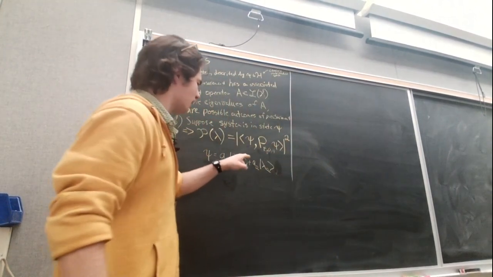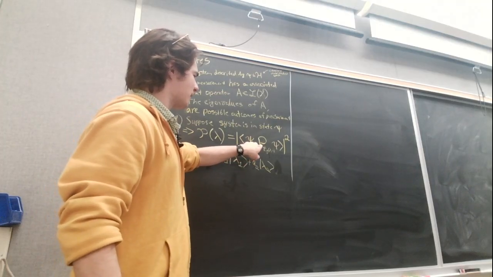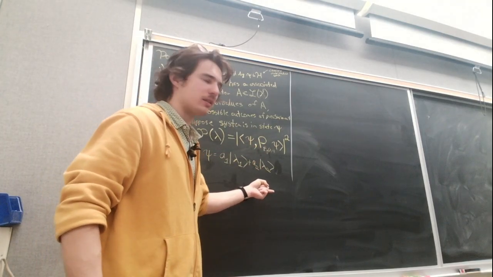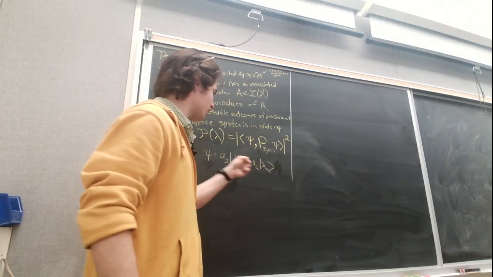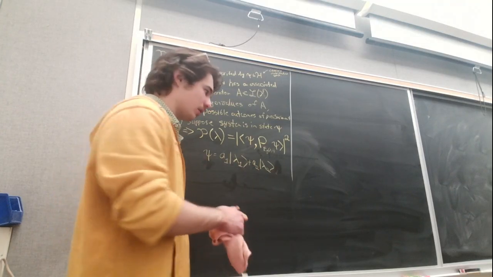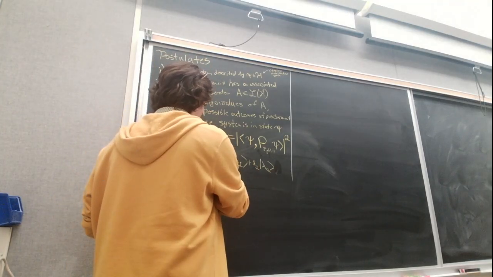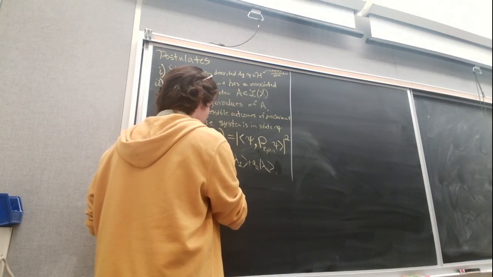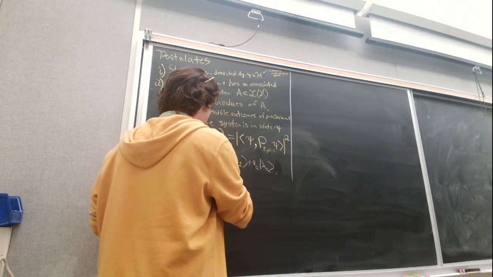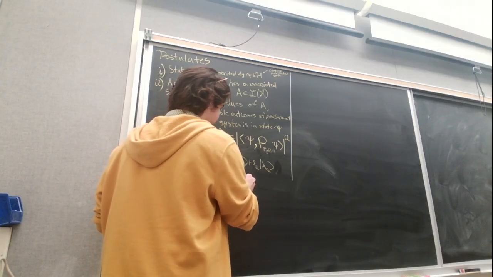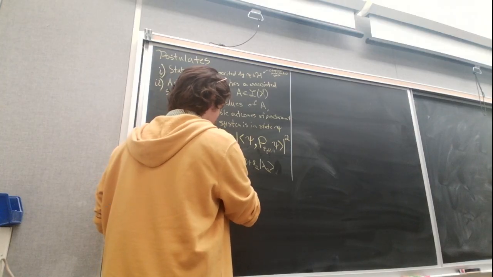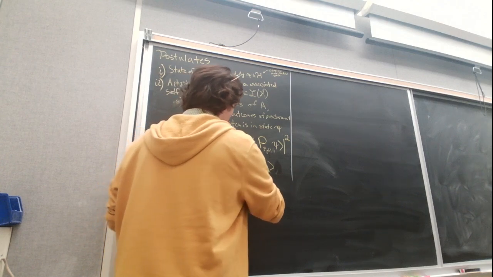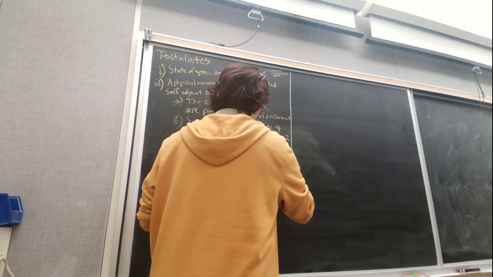If I have an orthonormal basis, so these two are orthogonal to each other, then P onto the eigenspace of lambda 2 applied to psi would just give me A2 times the lambda 2 eigenvector.